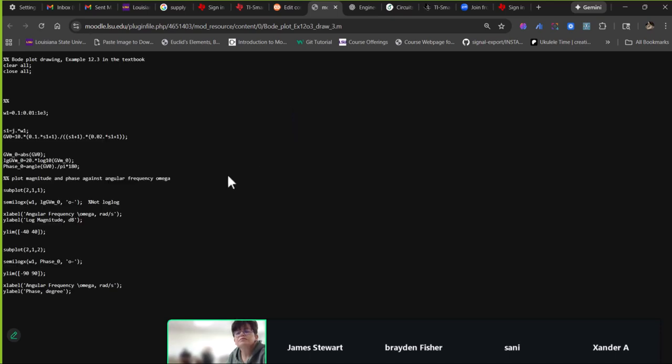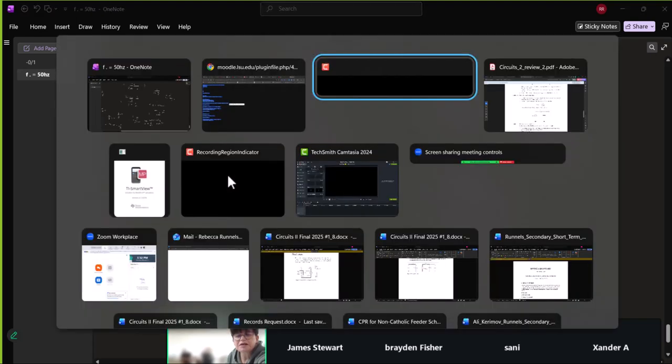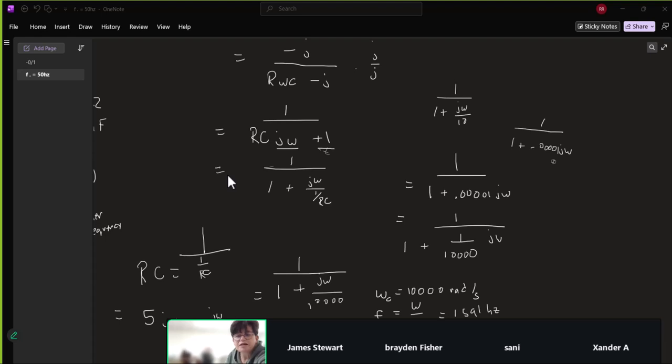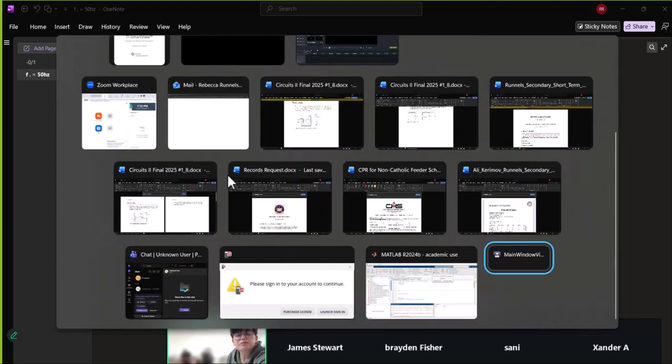It's not having fun doing Zoom and video recording and OneNote, and now I'm telling it to start MATLAB. I don't see MATLAB yet. There it is.